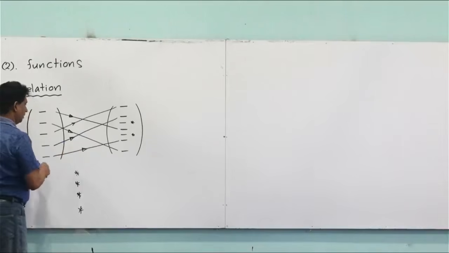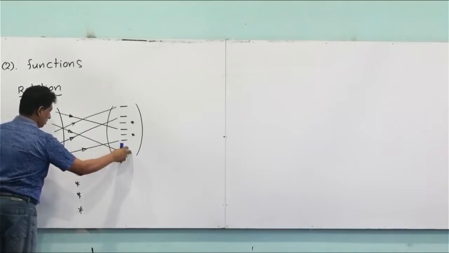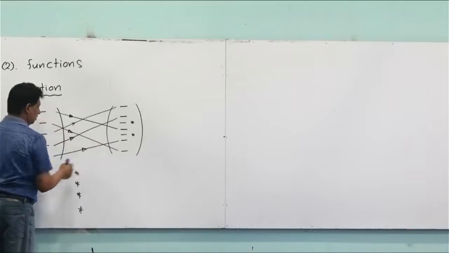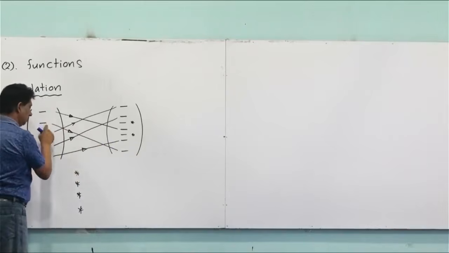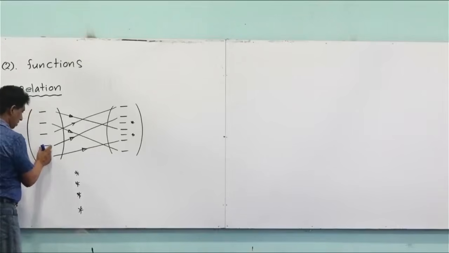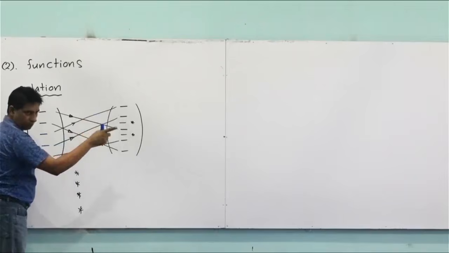For example, let's think this element is 2, and this element is 4, then this element is connected with this element by adding 2, right? If we add 2 to 2, the result is 4, no? Then if this element is 3, this element should be 5. Why?